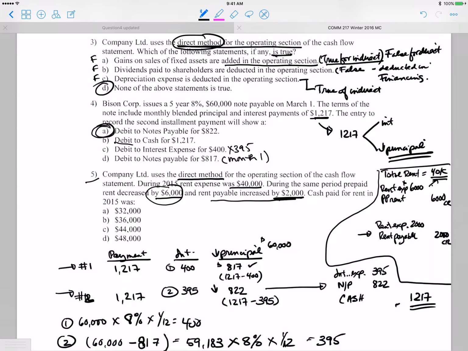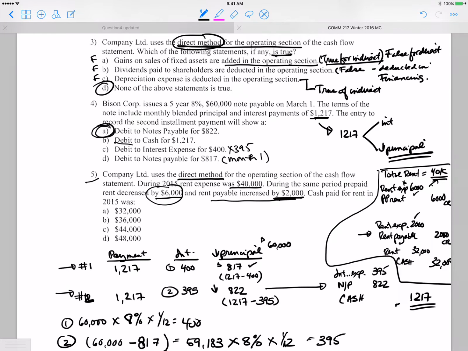So we've accounted for $6,000 of rent expense, another $2,000 of rent expense, so that's $8,000. So it must mean that the remainder, which is 40 minus 8, $32,000, was paid in cash.